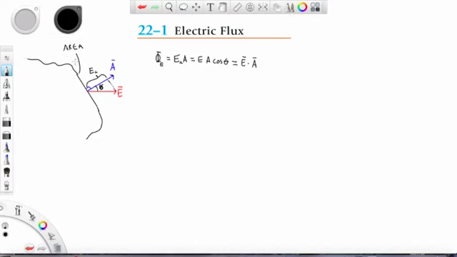When we want to calculate the electric flux through the whole surface, we have to divide this surface into small elements. We can make them really small. Let's make one more here. So it has the vector A, but because this is infinitesimally small, instead of calling it A, we call it dA.